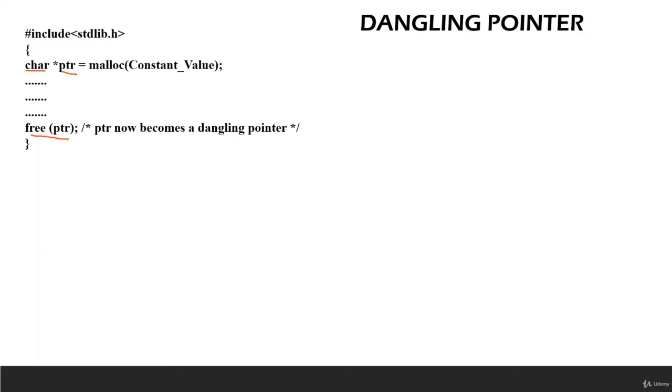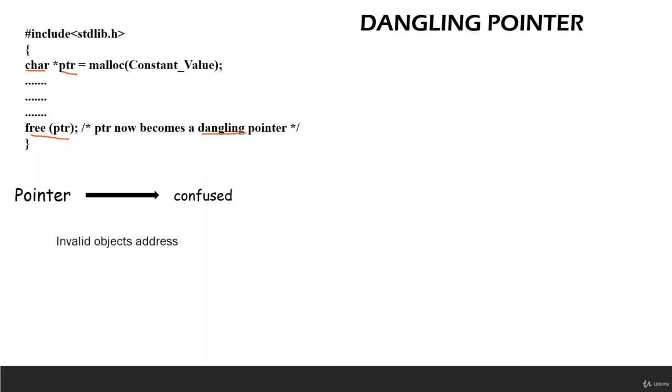But after that I freed the pointer and now the pointer becomes dangling. Dangling means the pointer becomes confused of where to point because it has no memory as I freed it up. So here the pointer becomes confused and it points to an invalid object address.